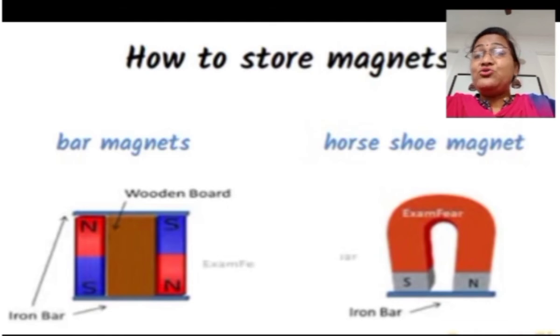Horseshoe or U-shaped magnets are also stored properly just by keeping a bar of soft iron or iron keeper across their ends. Since a horseshoe magnet has both its poles on the same side, it requires only one soft iron bar or magnetic keeper for its proper storage.